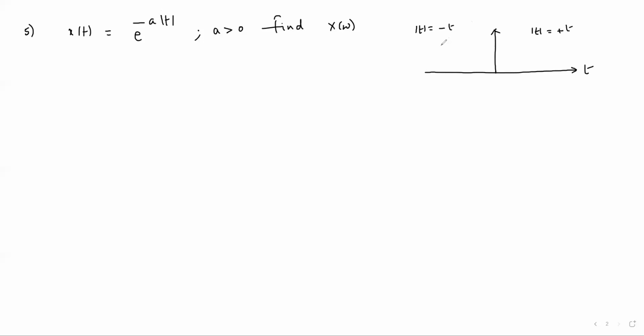So on the left side it is e to the power of plus at, and on the right side it is e to the power of minus at. That means the left side is an exponentially rising signal, and the right side is an exponentially falling signal. That is the nature of this both-sided signal. Observe that the amplitude nowhere goes to infinity, so we should get the Fourier transform.